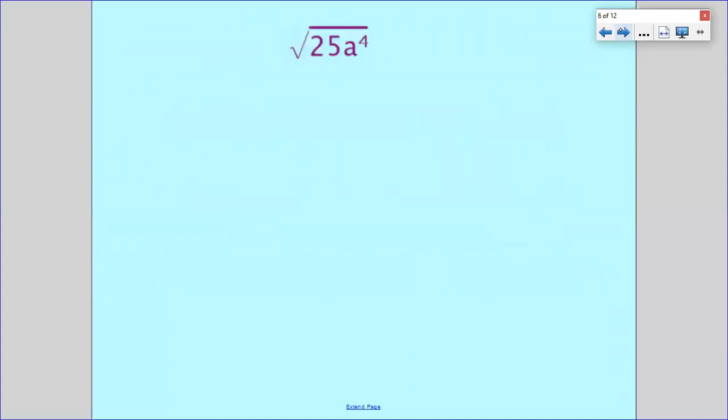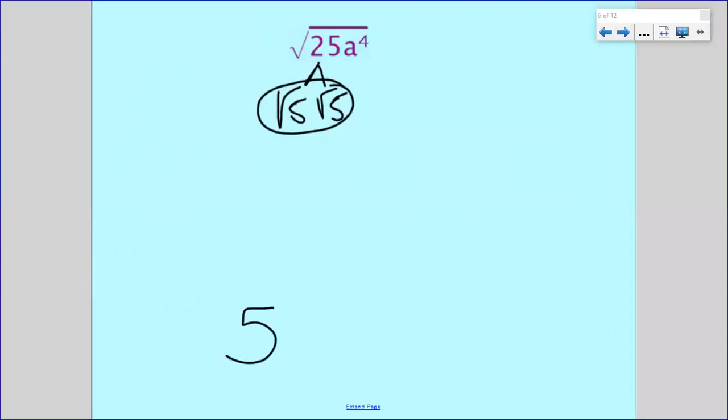So the square root of 25a to the 4th. Let's always start with the numbers. So I know, and you guys know this too, 5 times 5 is 25, the square root of 25. It's a perfect square. So when I do these kinds of problems, I like to build my answer as I go along to help me stay organized. So I know there's a double there, so 5's coming out. Now, let's look at a to the 4th. This really means a times a times a times a, right?